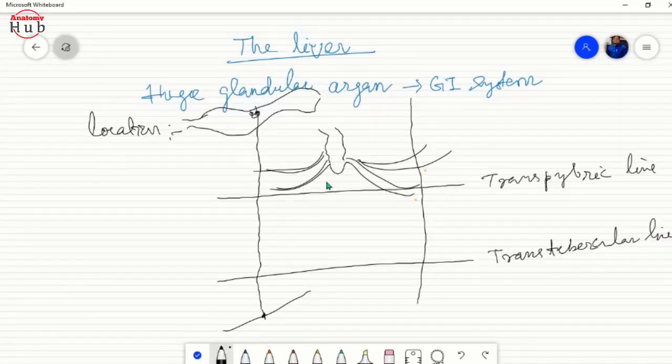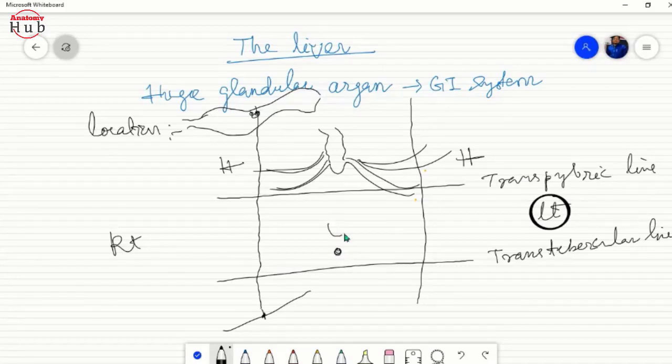Now this region is your hypochondriac region. This is your right and this is your left, right? This is your hypochondriac because it is present just beneath the chondrium, meaning the cartilage. So this one will be the hypochondriac region on the left side. And here you'll find the umbilicus, so this whole region is the umbilical region. This is your lumbar region, right lumbar and left lumbar.